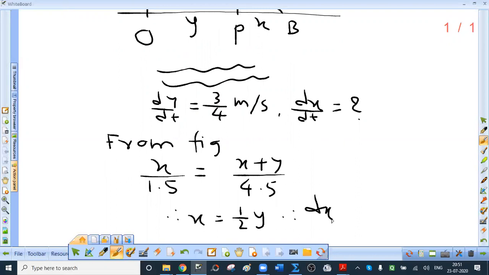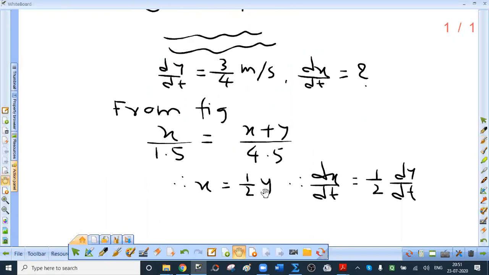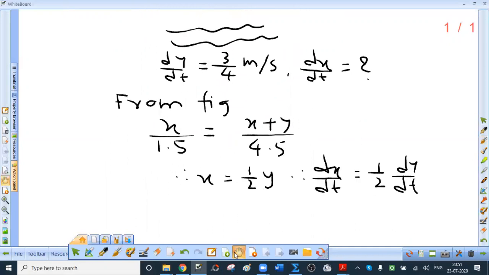So dx/dt is half dy/dt. This is nothing but half. What is dy/dt? It is given 3 by 4. So 3 upon 8 meter per second.